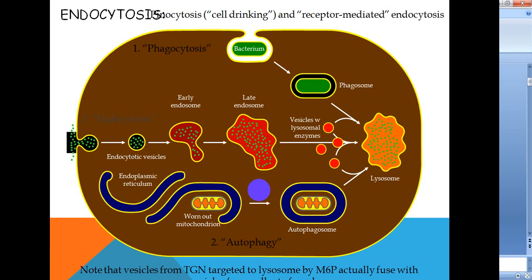Through phagocytosis, endocytosis and autophagy, the molecules move to the lysosome. The phagosome, endosome, or autophagosome are produced from the plasma membrane.